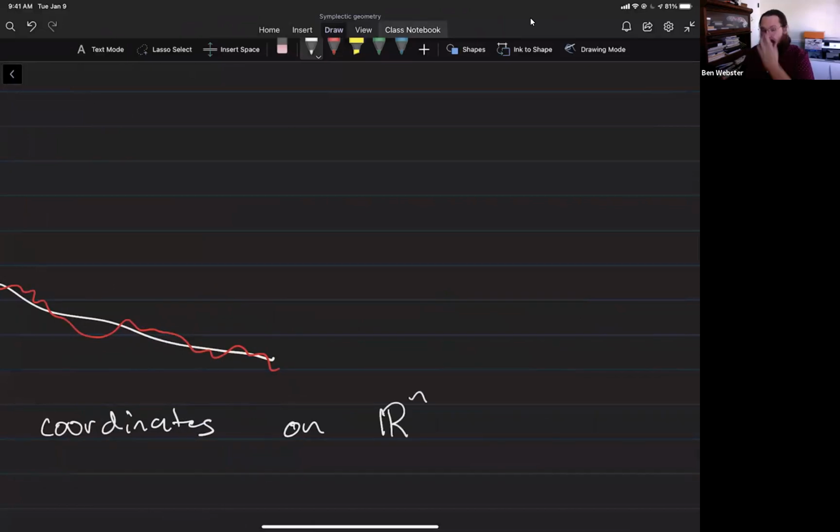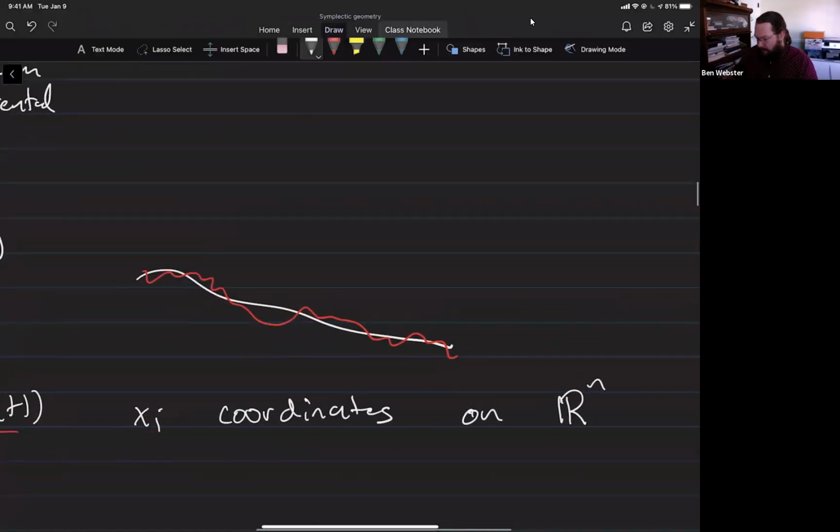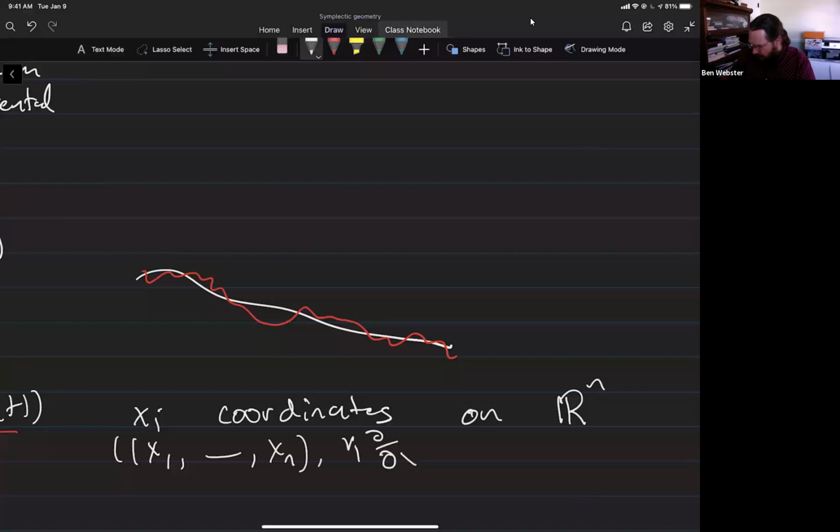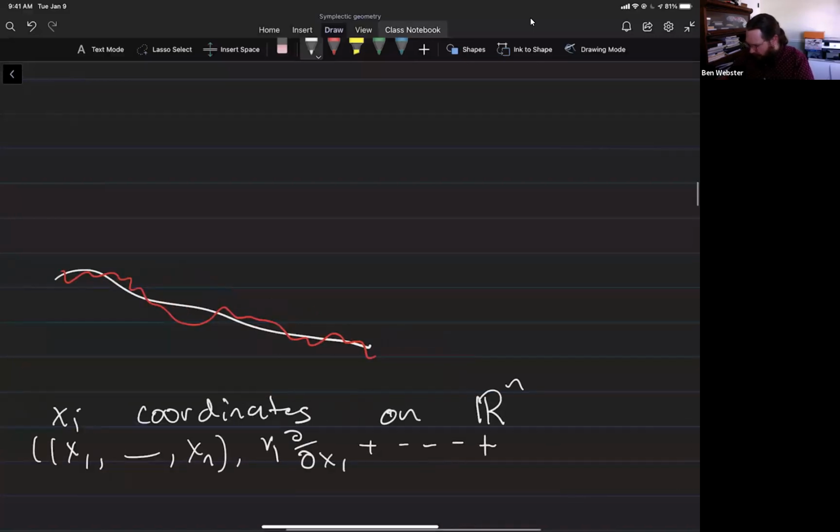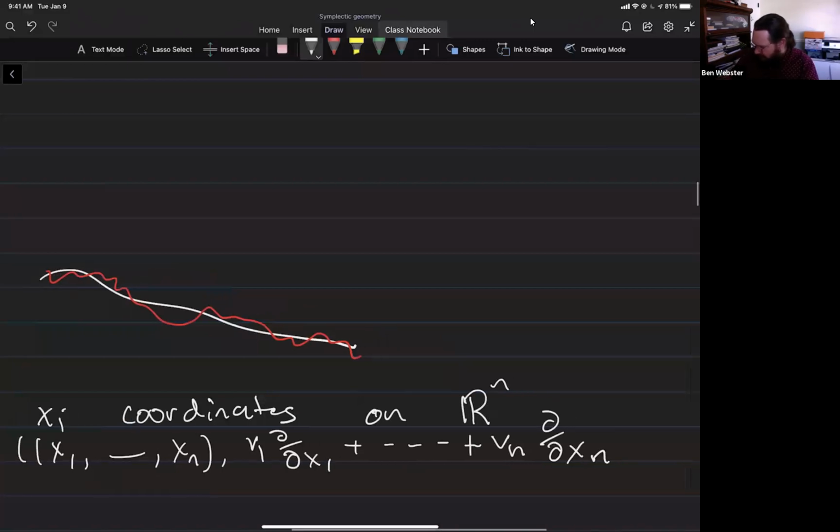So we can get coordinates on the tangent bundle to Rn by x1 up through xn are just the points, and then v1 up through vn are the coefficients on the vectors d/dx1 up through d/dxn.